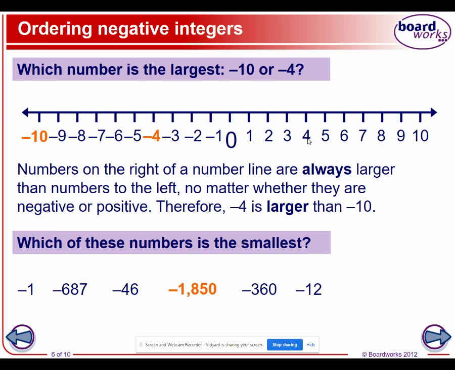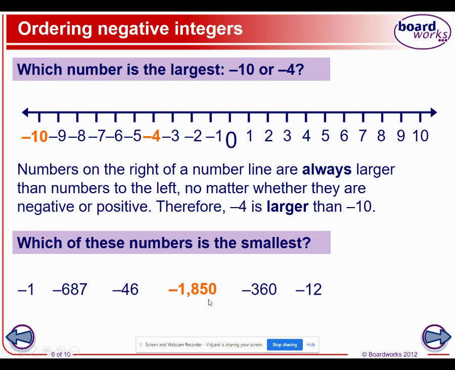Okay, so again, think about on a number line, which one is further to the left. So on a number line, the one that's going to be the furthest to the left is negative 1,850.